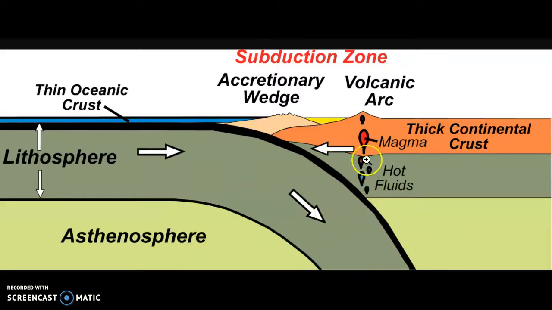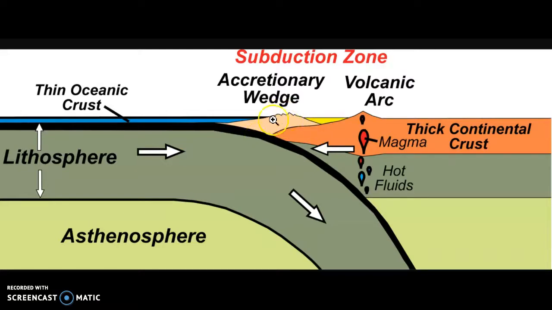Pressure builds up, and that is why you get volcanic formations as well. What was not mentioned in previous minutes of this video was accretionary wedges. These are simply sediments and pressurized rock fragments from the ocean seabed, as well as from the land, mixing together to create a pool of looser materials.